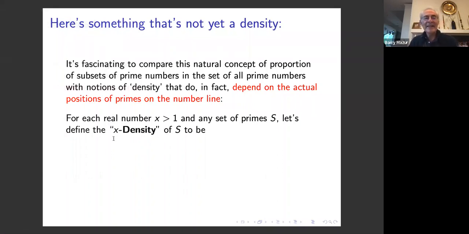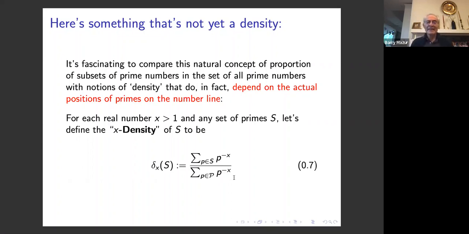Let's define the x density of S to be the ratio of the sum of the reciprocal x powers of the primes in the set S, which is in the numerator, and I'm assuming this could be an infinite set, over the sum of all primes whatsoever of reciprocal x powers of those primes.